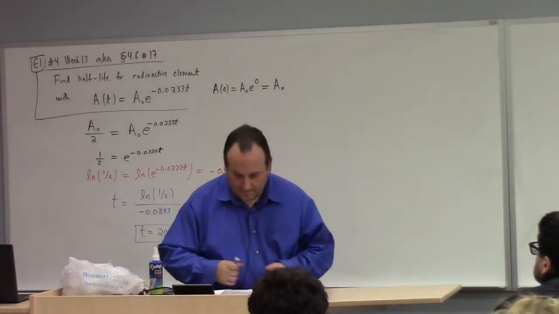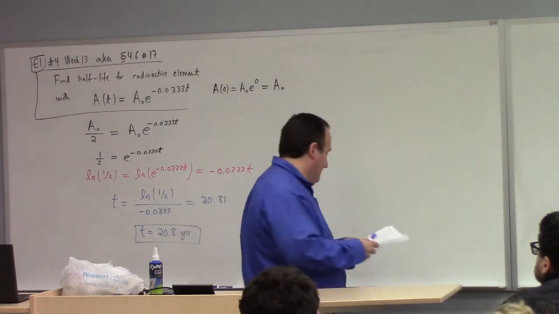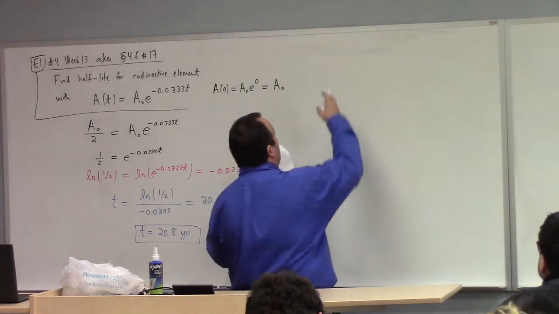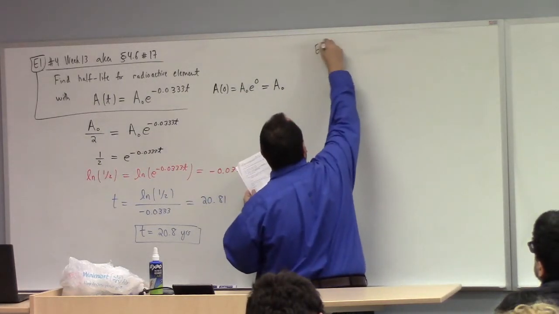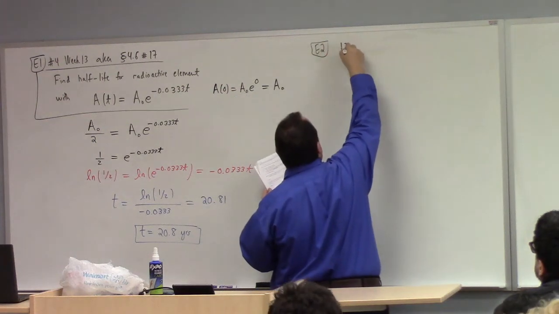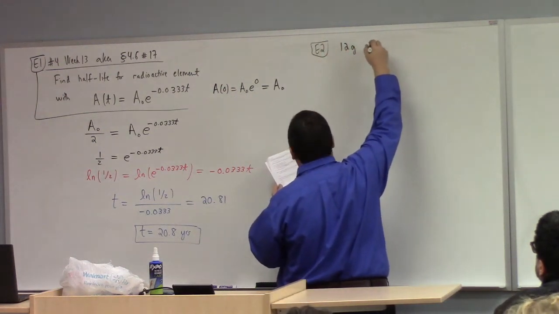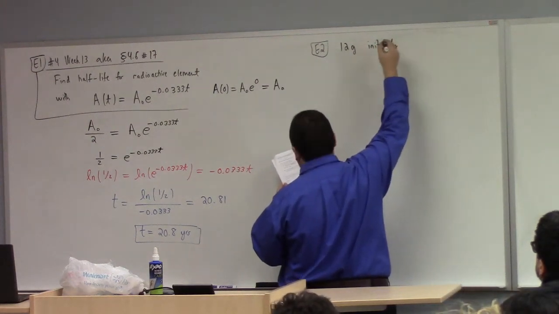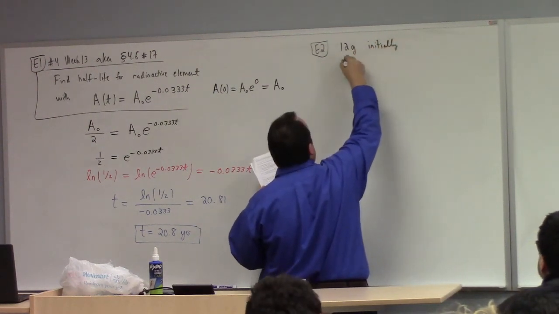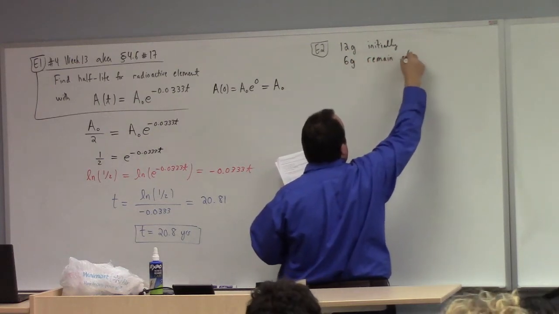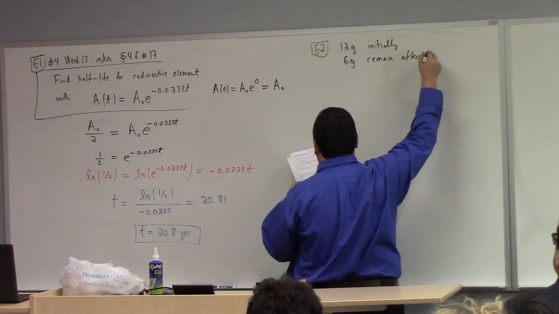Let's try another. Sample 2: you've got 12 grams initially, and then after a little bit, 6 grams remain after 7 years.